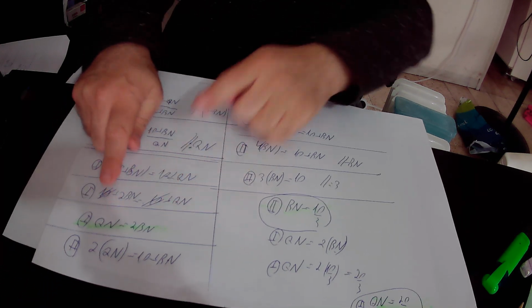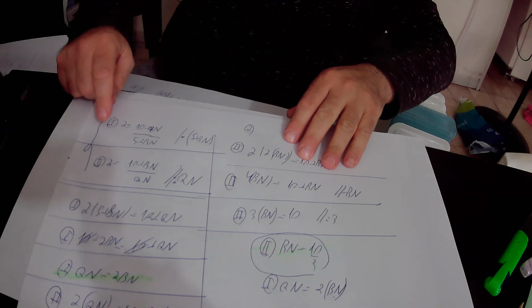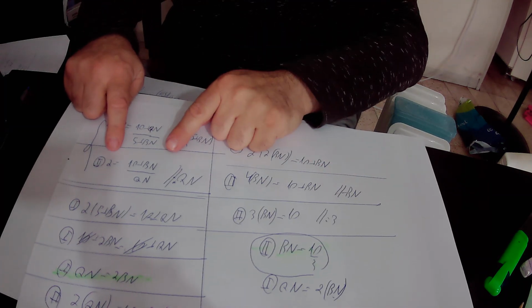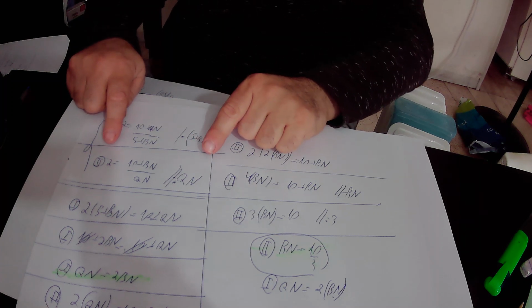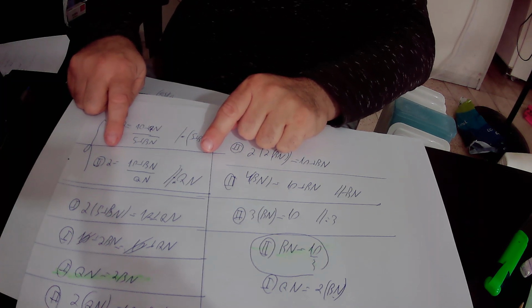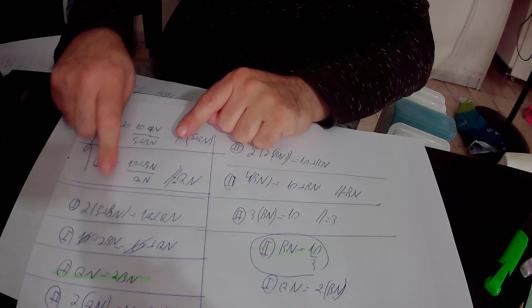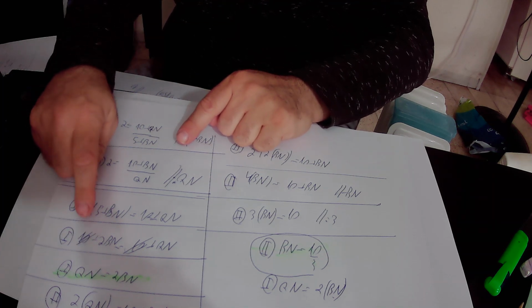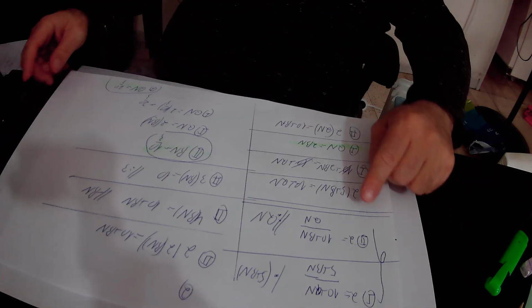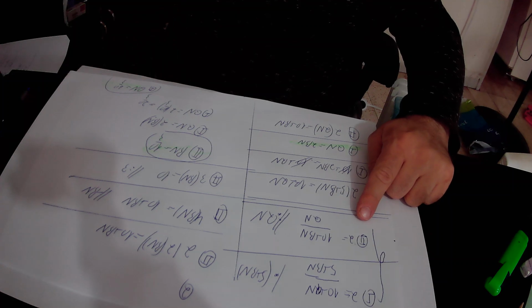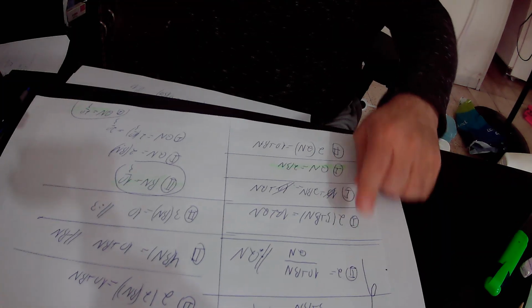While according to equation number 2, we have already found out that 2 equals 10 plus Bn over Qn. Here we multiply equation number 2 by Qn and found out that 2 times Qn equals 10 plus Bn.